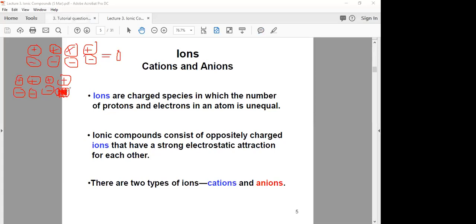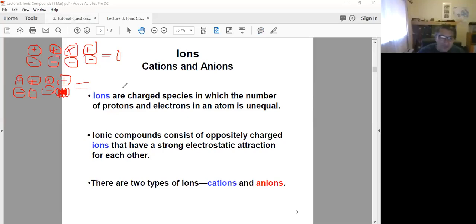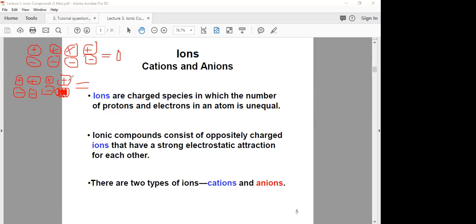So we're going to give off 1 electron. What's the overall charge on this atom now? +1. This proton here is no longer balanced by an electron. So we say it has a +1 charge, or simply we say plus.